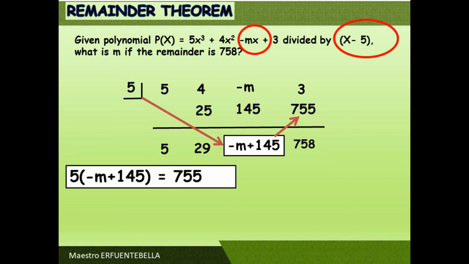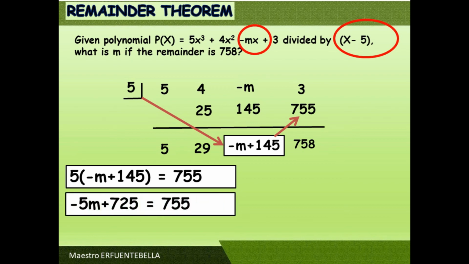So we can use now that given equation. 5 times the quantity negative m plus 145 equals 755. By simplifying, using the distributive property of multiplication, 5 times negative m is negative 5m and 5 times 145 is positive 725, which equals 755.